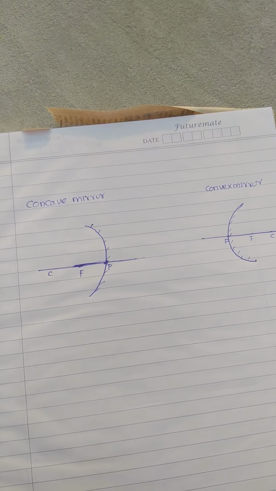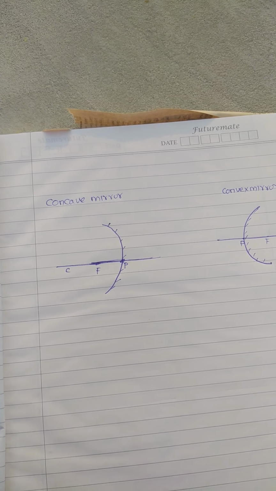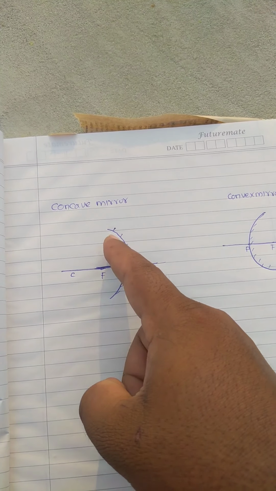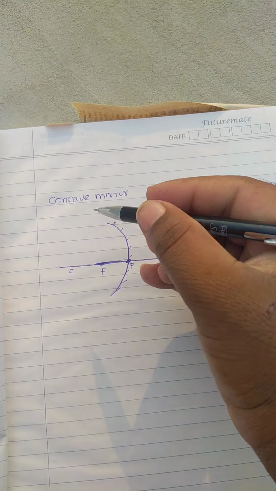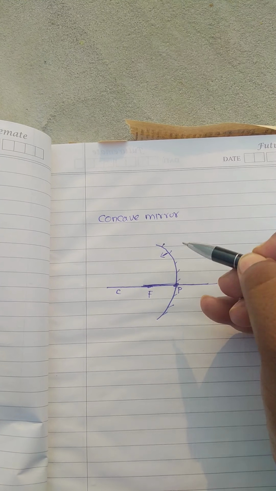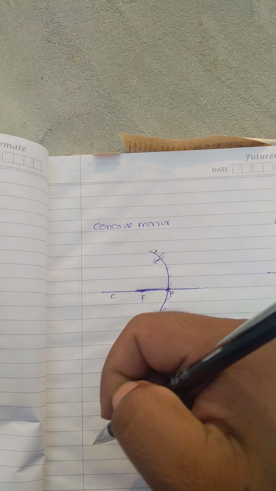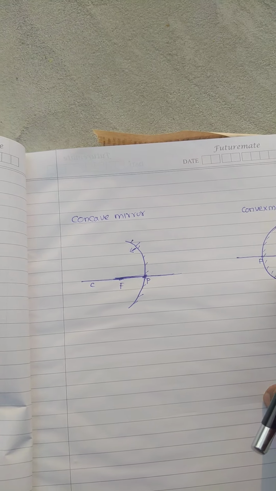Why? Because a concave mirror is a spherical mirror whose reflecting surface is directed inwards. This side is the reflecting surface, and this side is a silver coated surface. That spherical mirror is called a concave mirror.